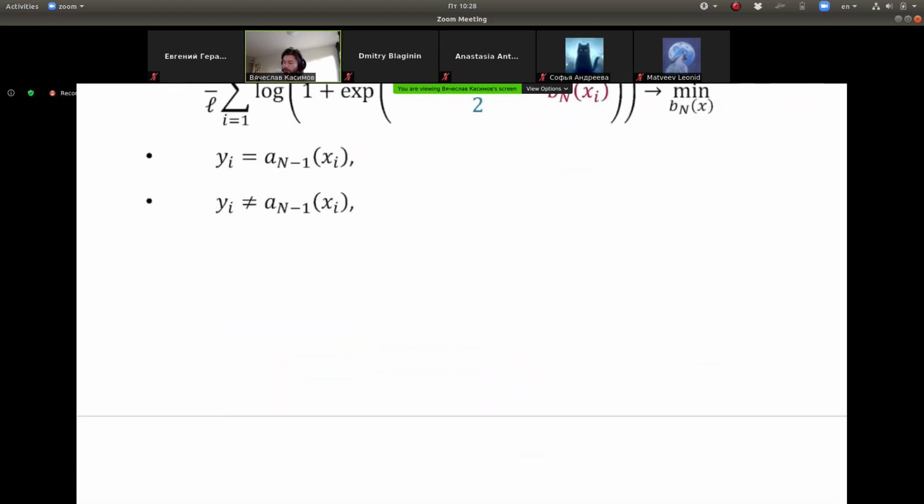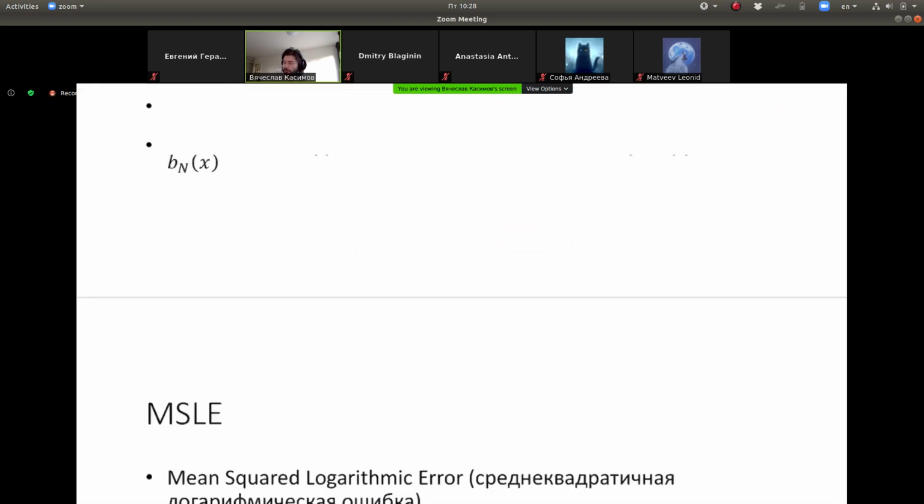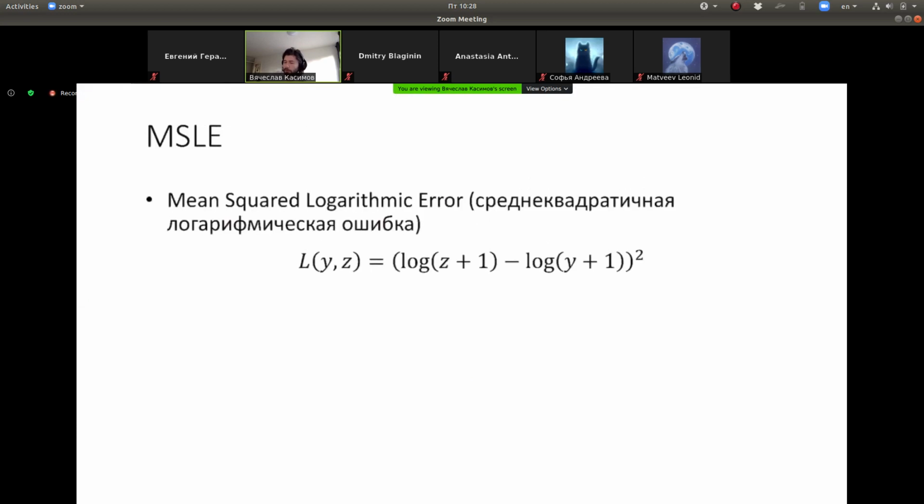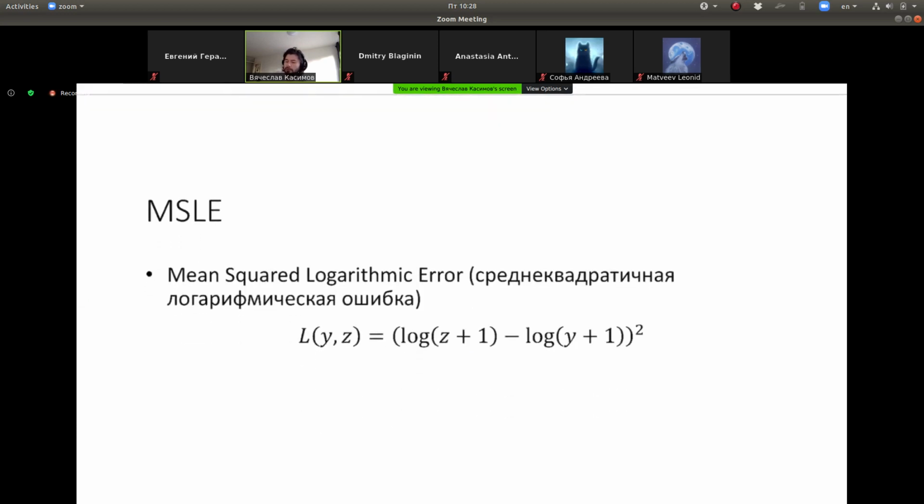Okay, let's skip this because it's the same. We could try to fix it in some way. The problem is that it will be 0, so we could take the logarithm to make it additive and mimic the MSE loss.